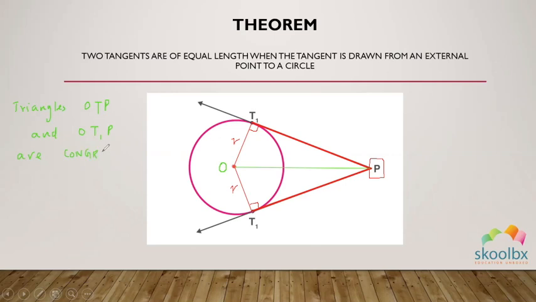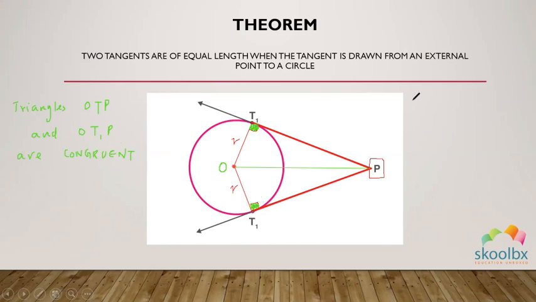I'm claiming that they are congruent, but are they really congruent? Should we check? Yes, sir. SAS. If you look, these two angles are equal, right? This angle and this angle in those triangles. Yes, sir.